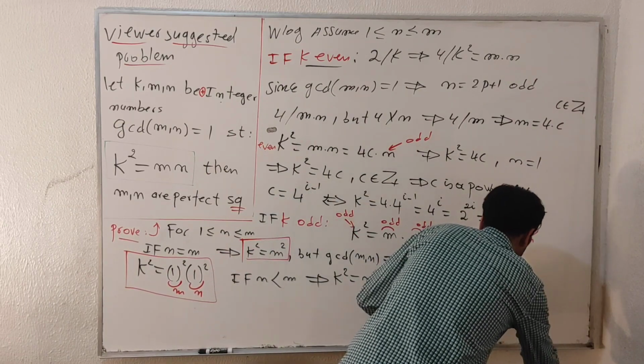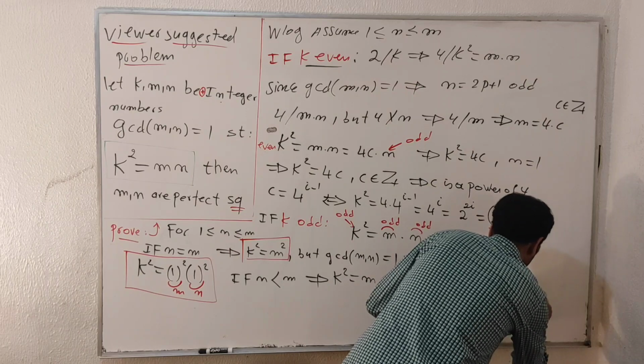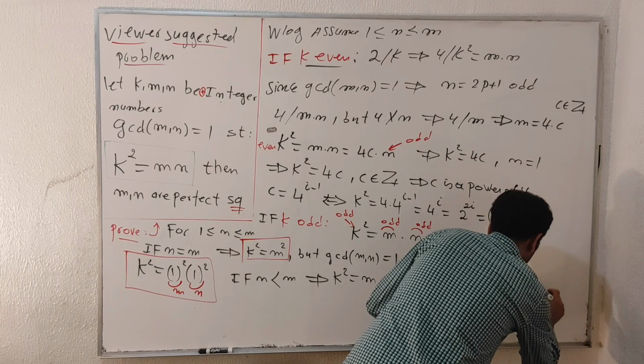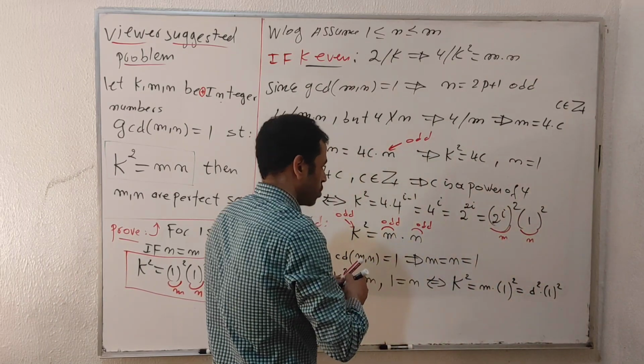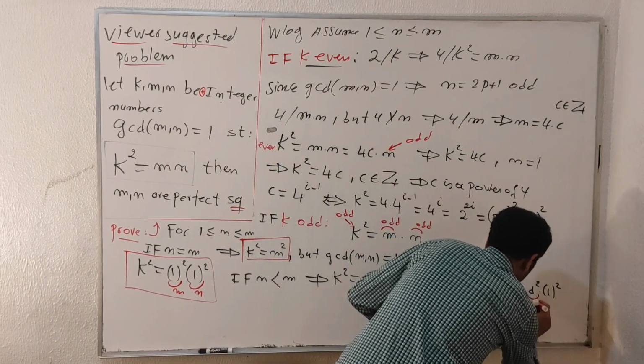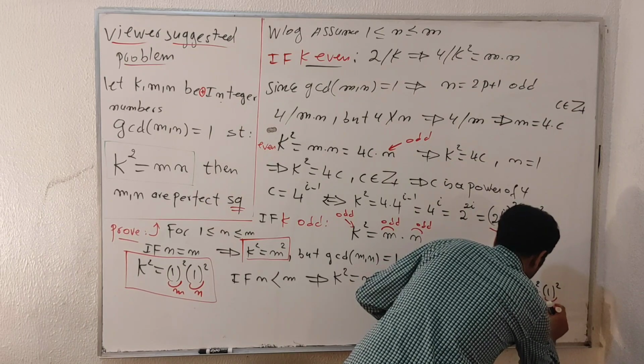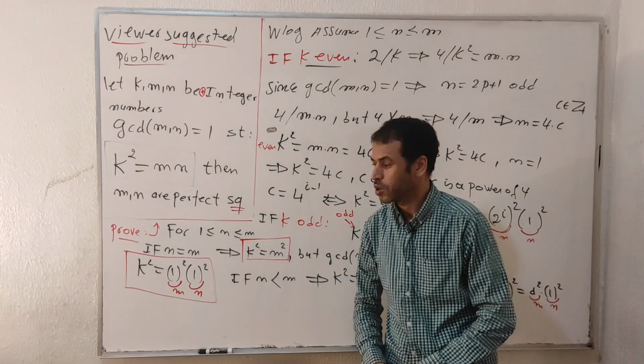So I'm going to put m as d, which equals d squared multiplied by 1 squared, like this. Okay, so d squared is representing m and 1 squared is representing n. So I have done with this proof.